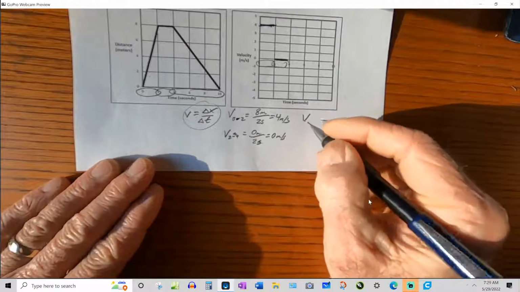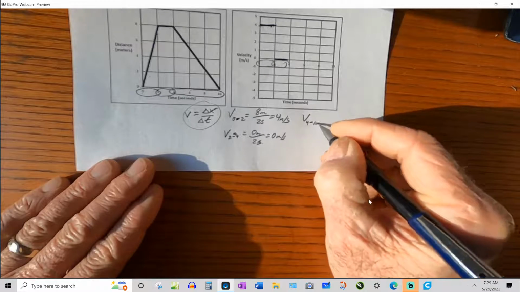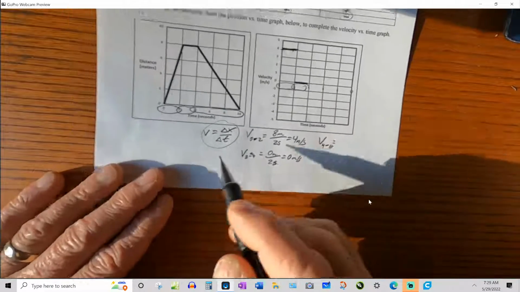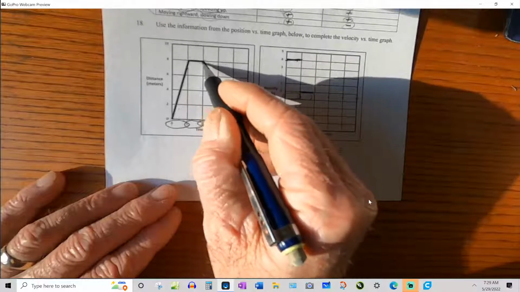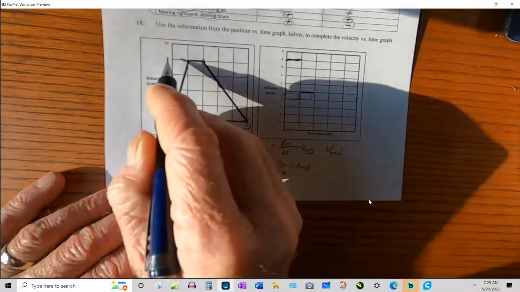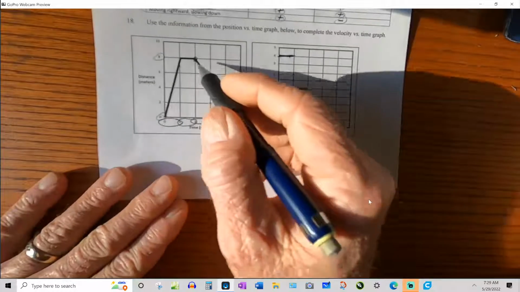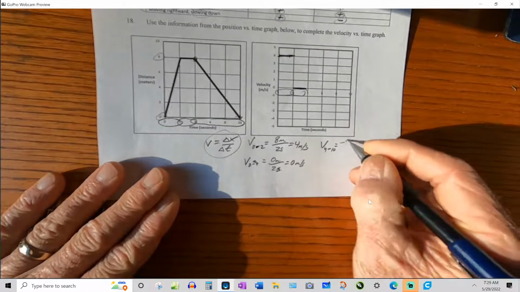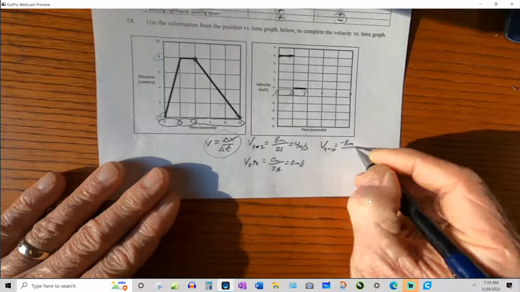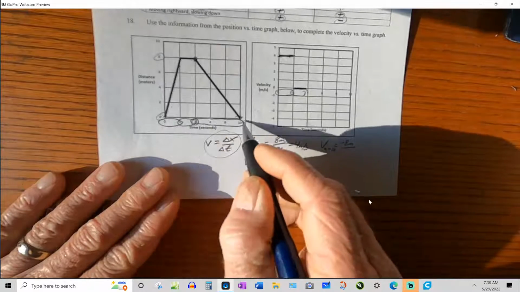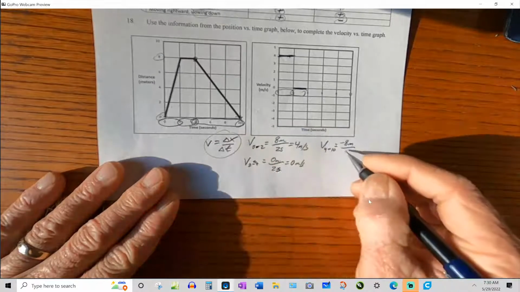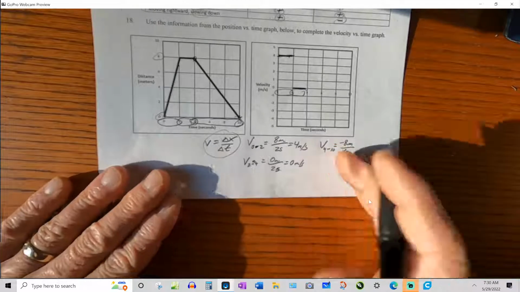Now the velocity from 4 seconds to 10 seconds is different. The displacement, look at the position here, look at the position there, it's going from 8 meters down to 0. So since I'm losing 8, the displacement is -8 meters. The time goes from 4 to 10. 10 minus 4 is 6 seconds.